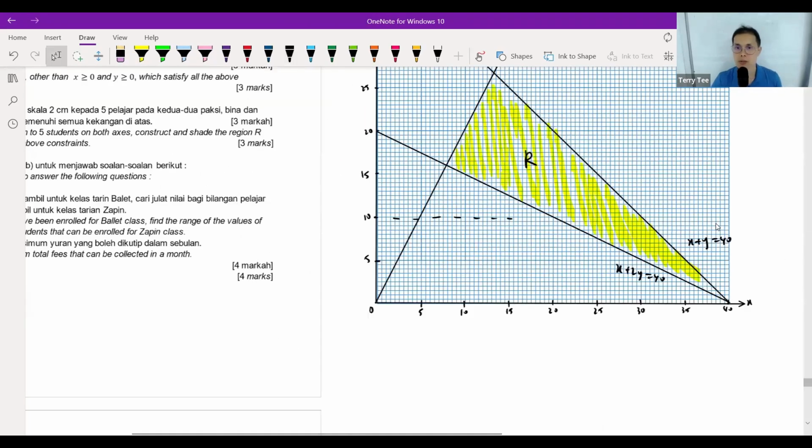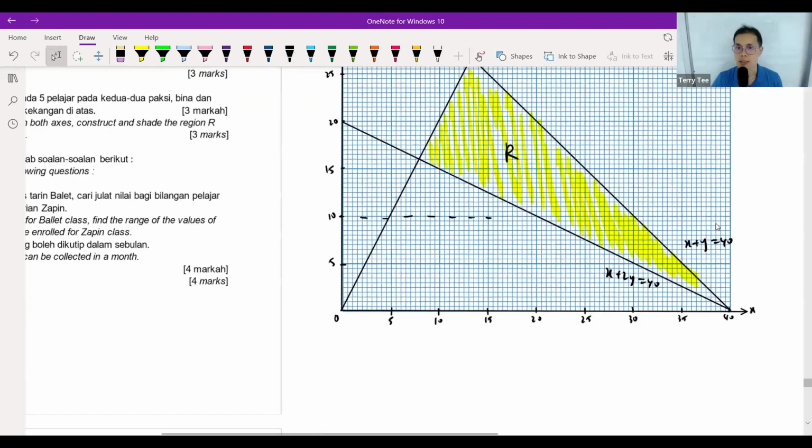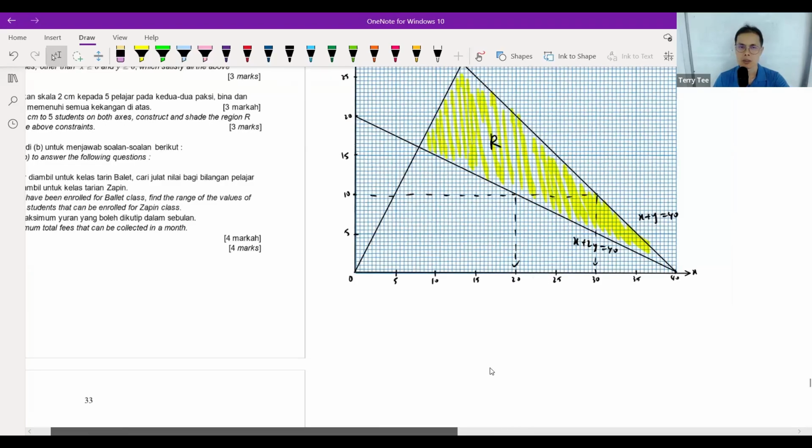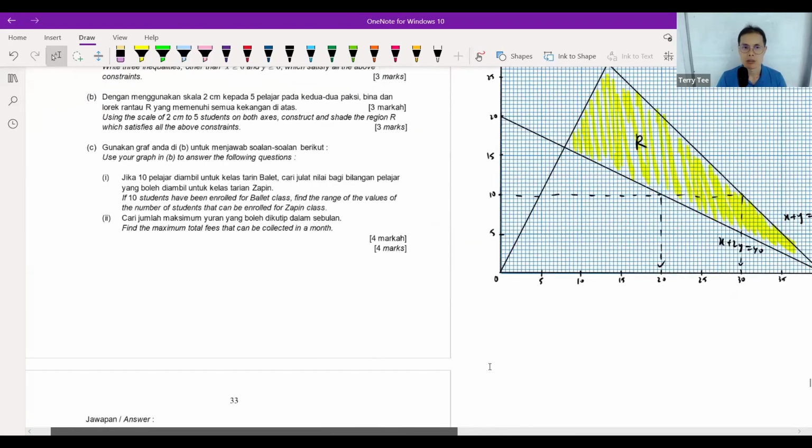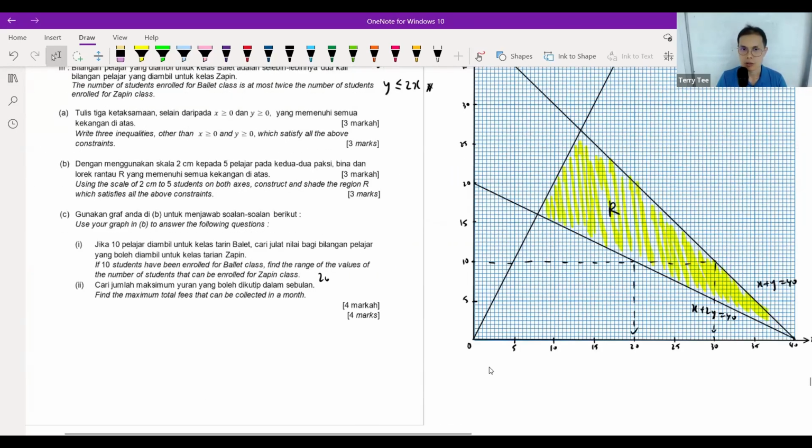This is exactly 20, and then the second one is exactly 30. 20 and 30. So we can say that the range of values is between 20 and 30.